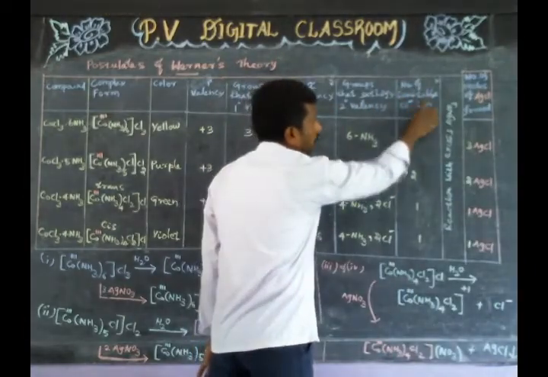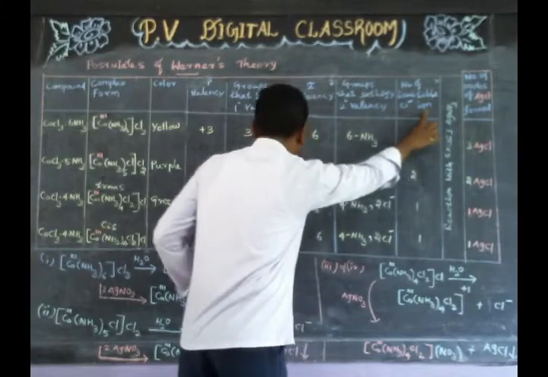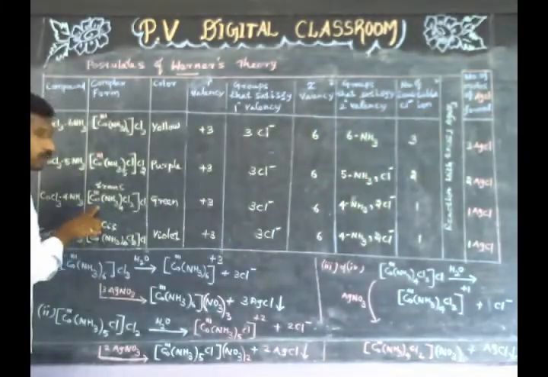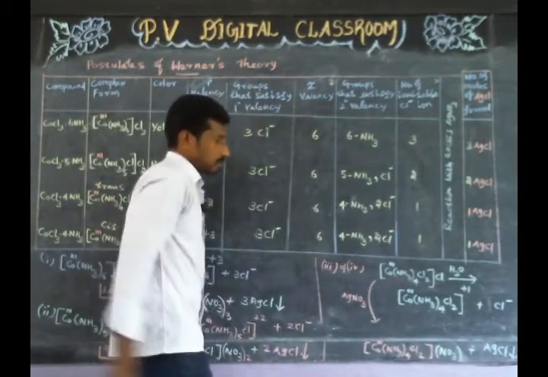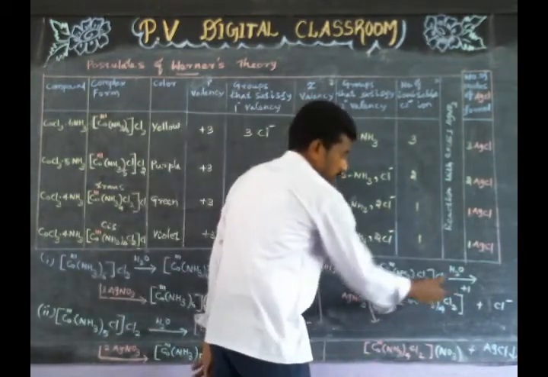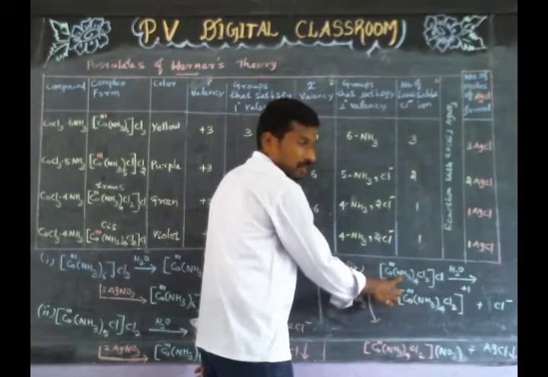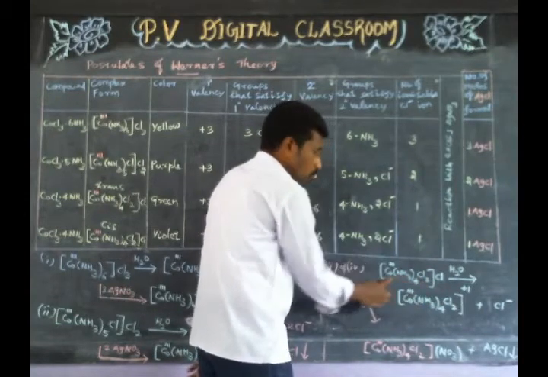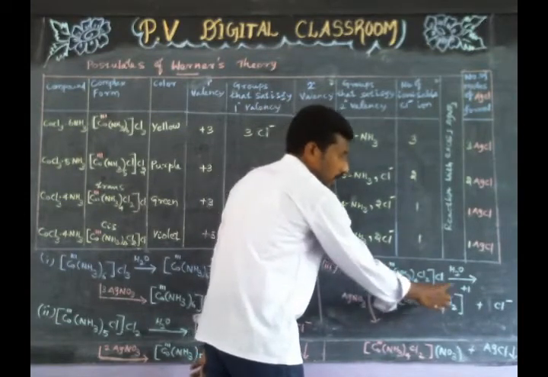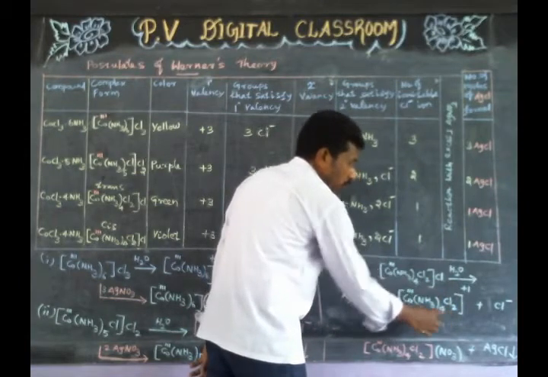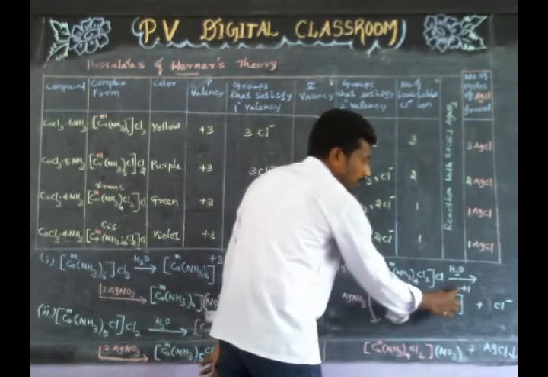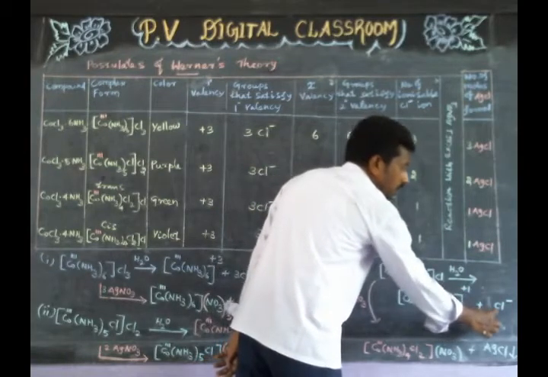Number of ionizable Cl- ion that present in this compound is only 1. This is because in water tetraamine dichlorido cobalt 3 chloride dissociates to form tetraamine dichlorido cobalt 3 ion and only one Cl- ion.